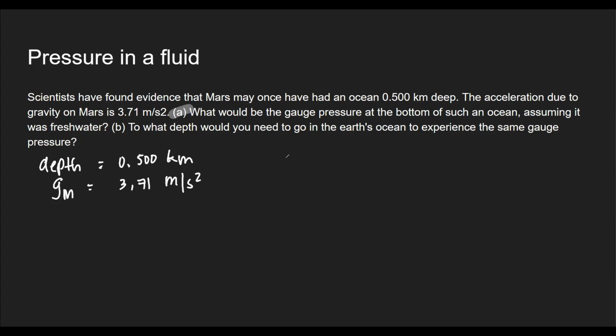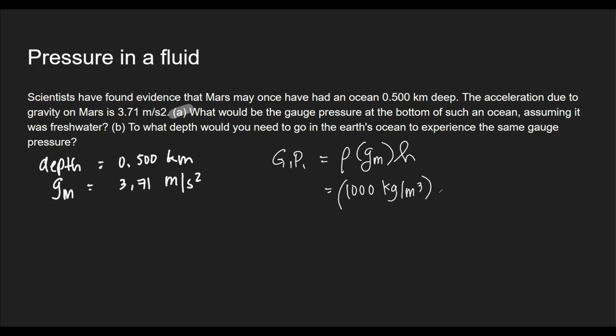If we're looking for gauge pressure, we have gauge pressure is equal to our density times your gravity on Mars times your height. In this case, our depth. According to the density table, we have 1,000 kg per cubic meter.